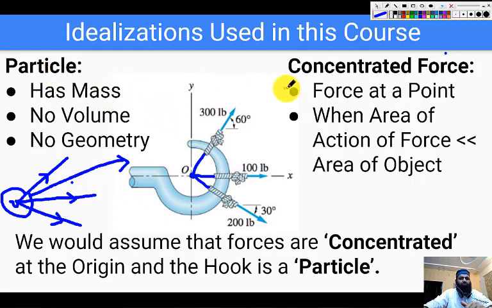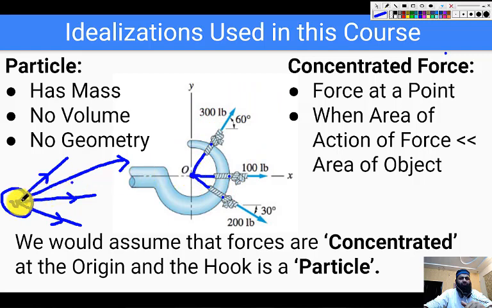Similar to this is the concept of concentrated force. Here, although these three forces are not applied at the same point, this force of 200 pounds is applied at this point, this force of 100 pounds at this point, and this force of 300 pounds at this point, for the purpose of this problem we can assume that all of these three forces are applied at this point.